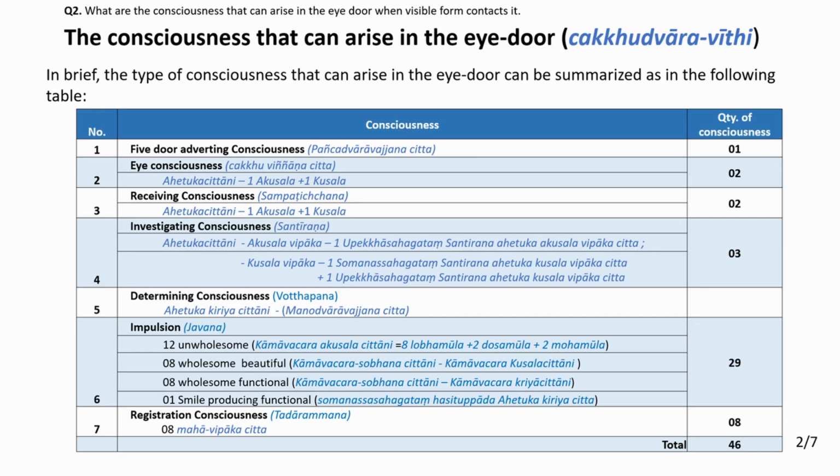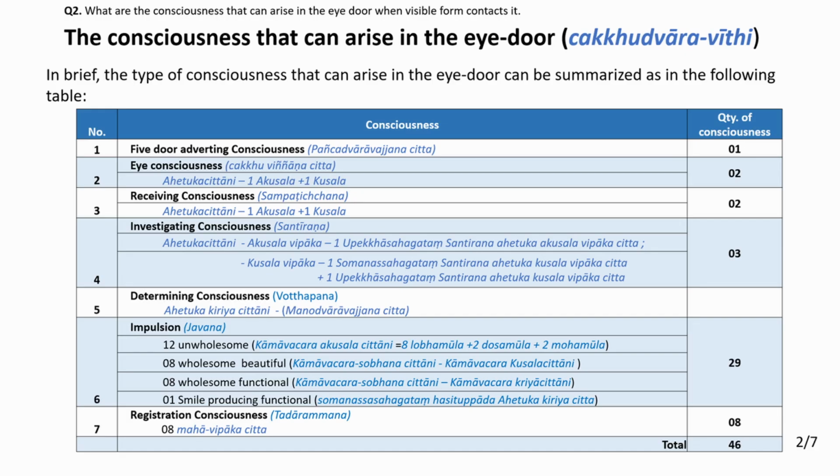Even though the bhavanga serves as a mind door, in this case it doesn't serve as part of the eye door. So normally you don't put in the bhavanga as part of the eye door process. So you take off the 19, then you won't complicate the issue so much. Okay, I think that's all I saw.